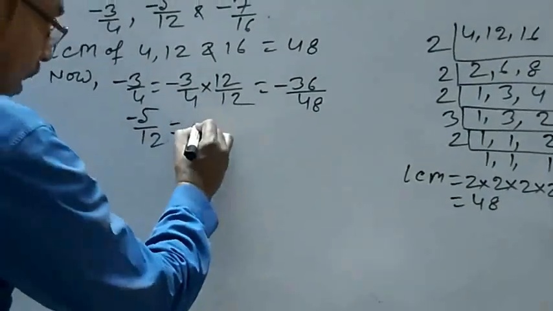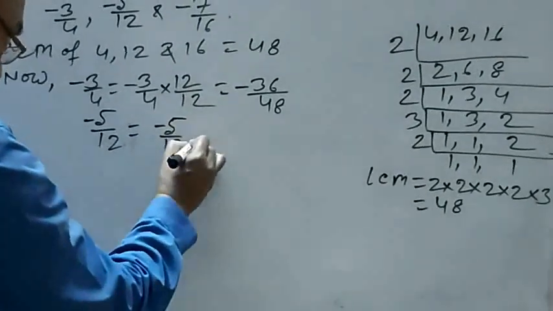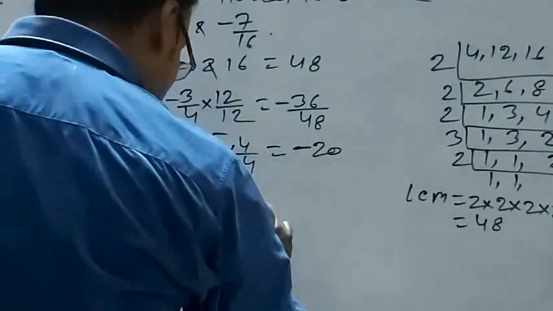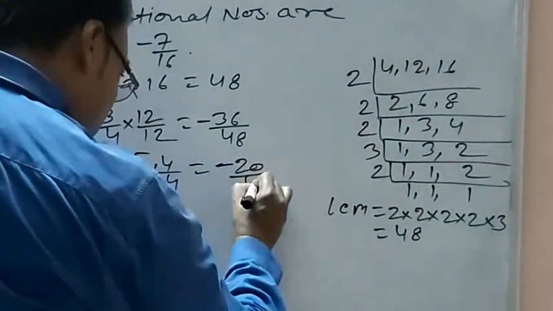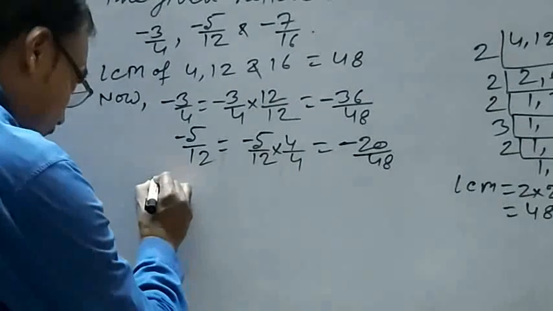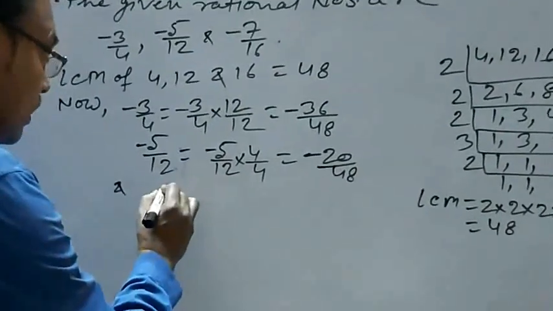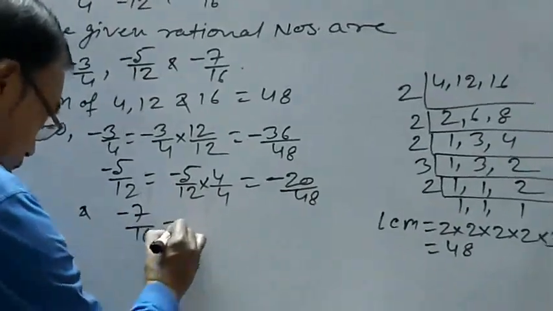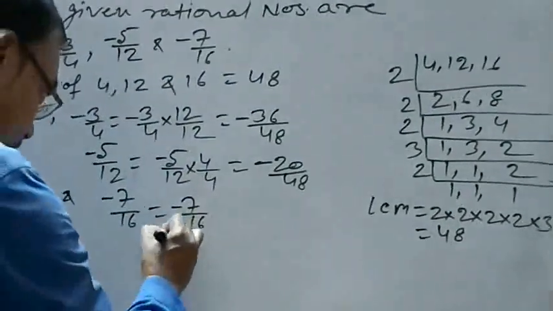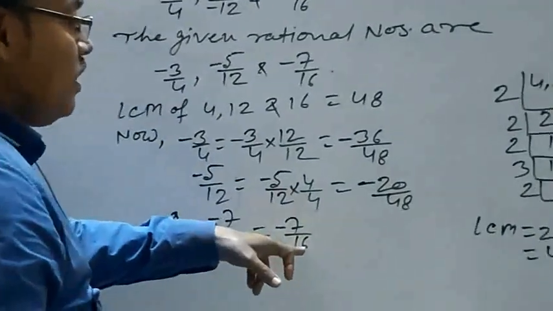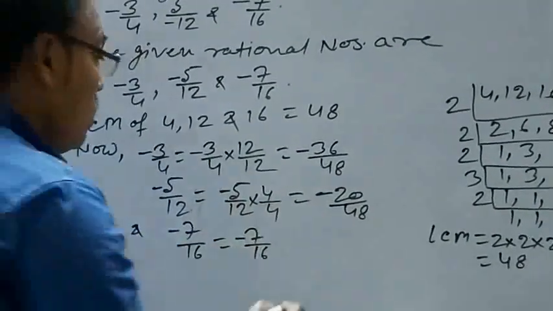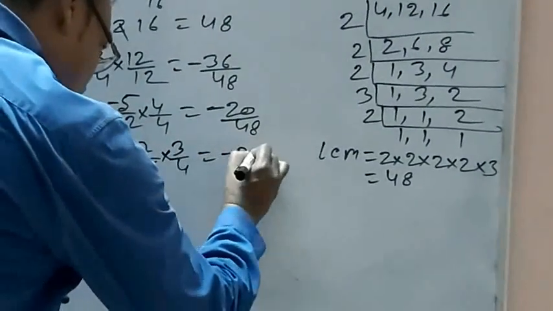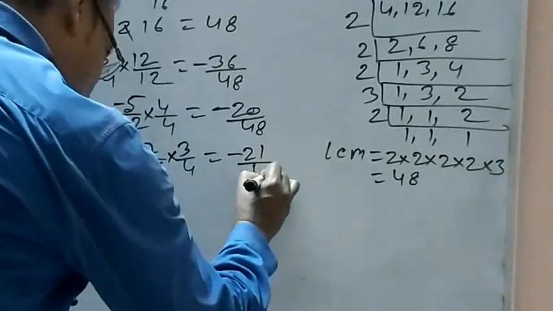So minus 5 by 12 into 4 by 4 equal to minus 20 by 48, and minus 7 by 16, we multiply 16 by 3, then it becomes 48, so into 3 by 3 equal to minus 21 by 48.